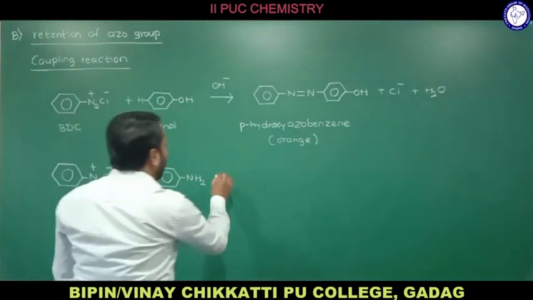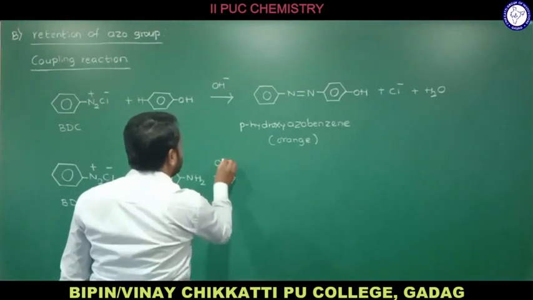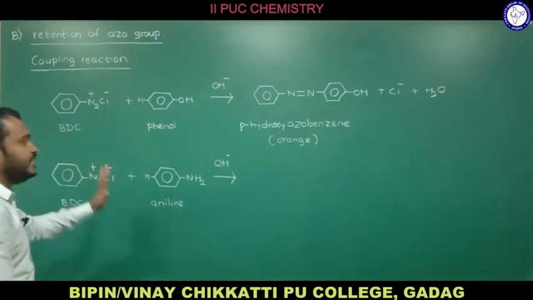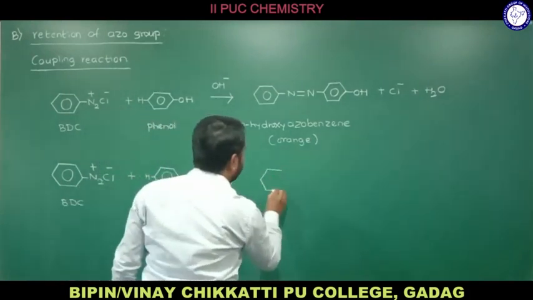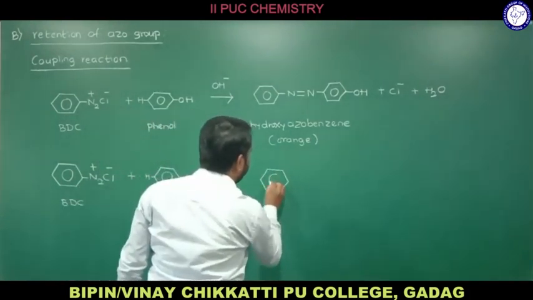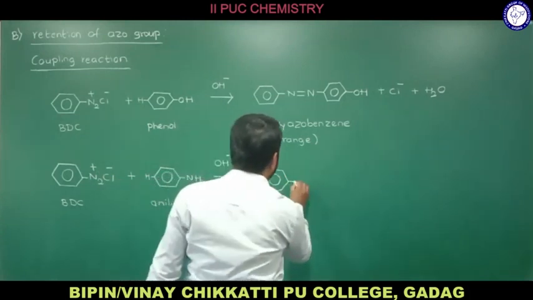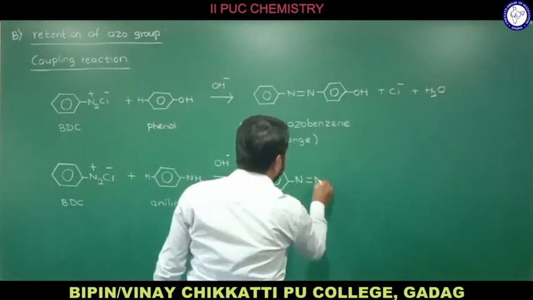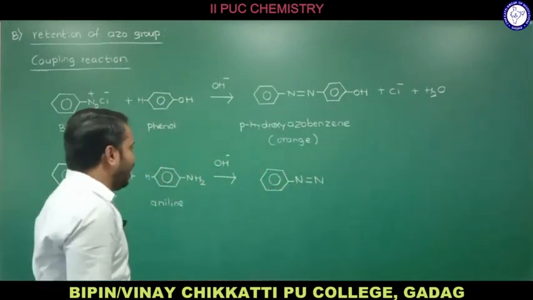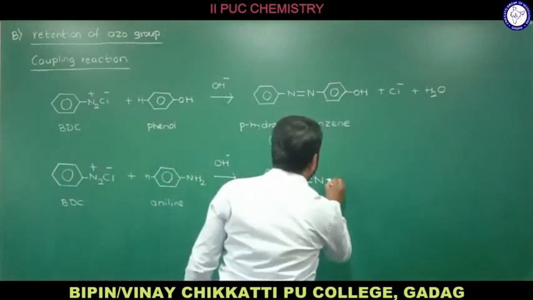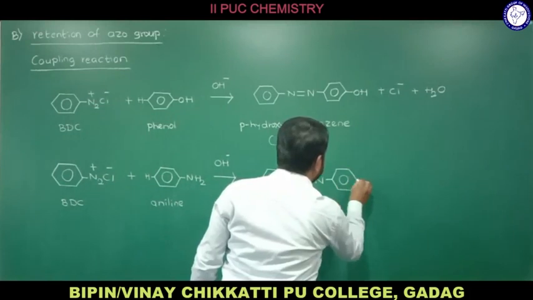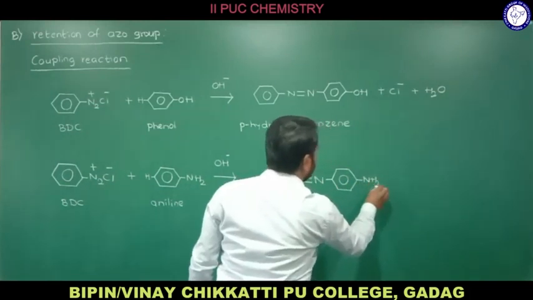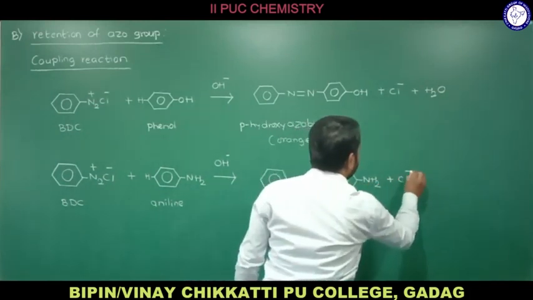So now I hope you can guess what reaction takes place between these two. So here we are going to get an azo dye again. What kind of azo dye are we going to get? We have a benzene ring and N double bond N. This is the azo group, and one more aromatic ring we have here, a benzene ring with NH2, and of course we get Cl minus and H2.